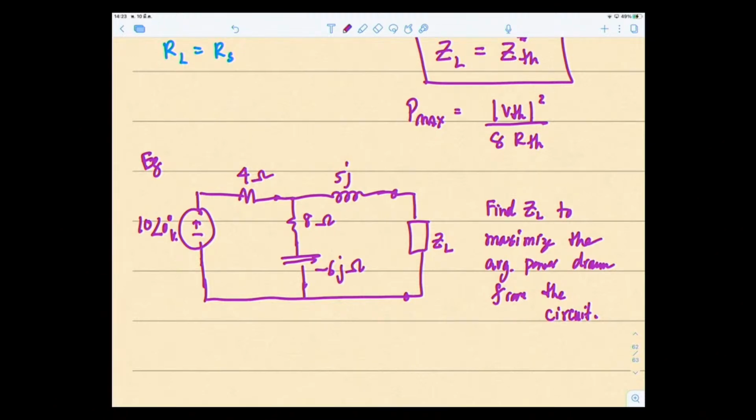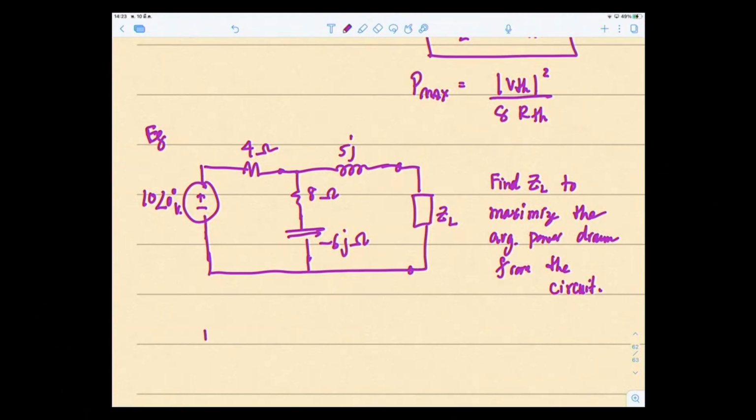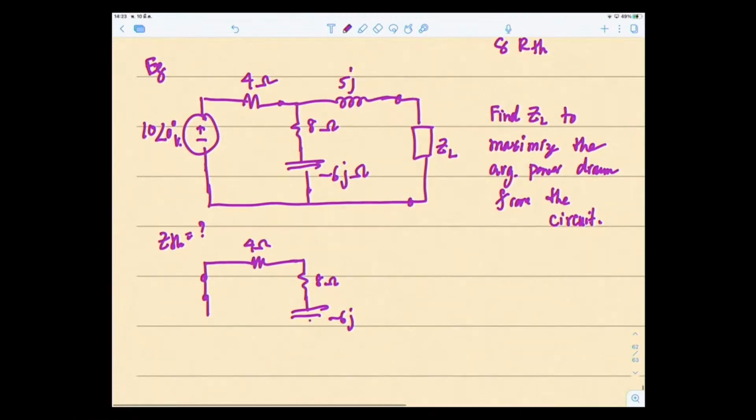And you use the same concept. Since you have to have ZL equal to Z Thevenin conjugate, let's find Z Thevenin. To find Z Thevenin, you short your voltage source. If it's a current source, you open it. So 8 ohms, minus 6J ohms, 5J ohms, open here.